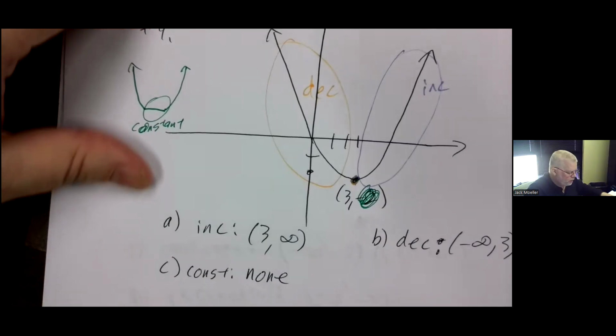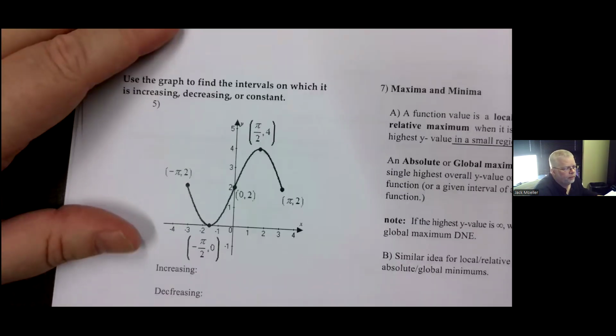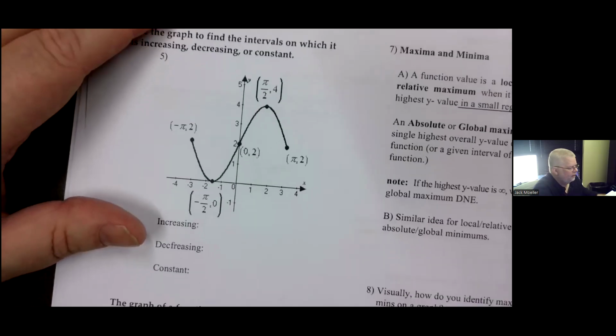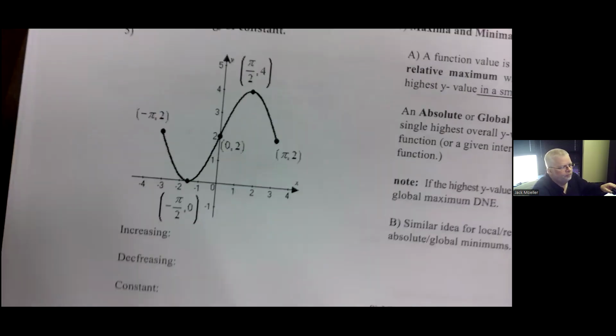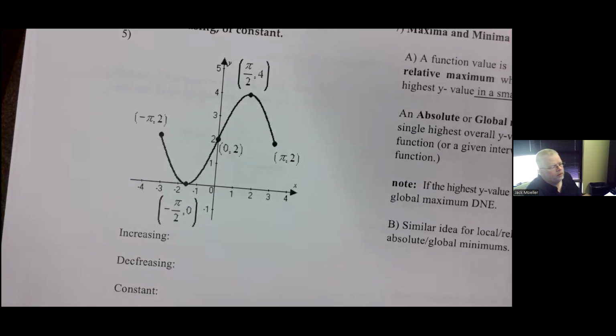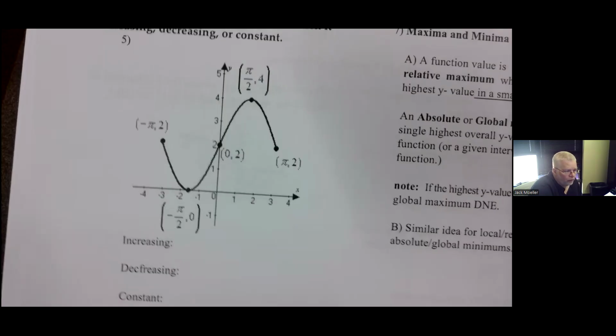Okay. So if we go to the next page, this graph we might actually be able to see. All right. Now notice there's -pi, pi over 2, pi, and -pi over 2. If you're wondering why are we doing pi stuff, this is for those who are going on to trig.